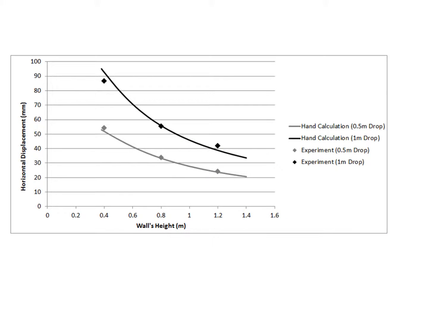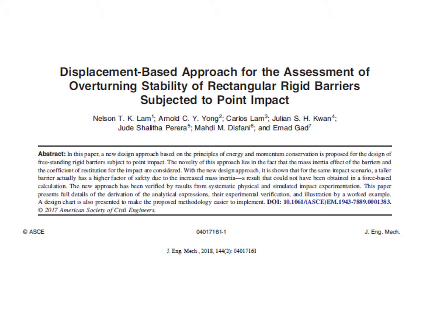A very good match between the experimentally recorded displacement and the calculated displacement of the rectangular objects is well demonstrated on this diagram. The methodology that has been presented has been published in the ASCE Journal of Engineering Mechanics in 2018.